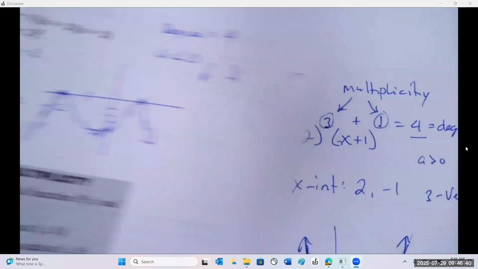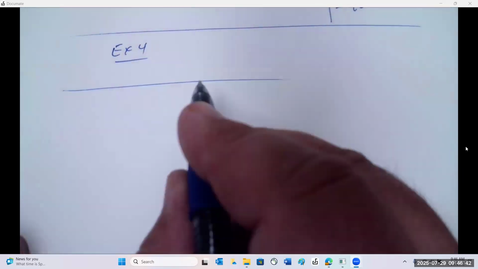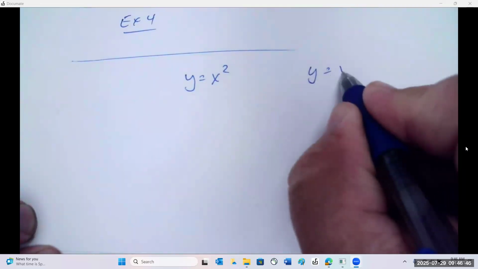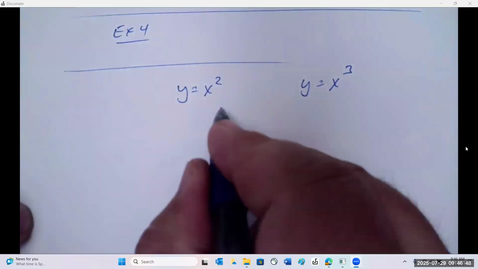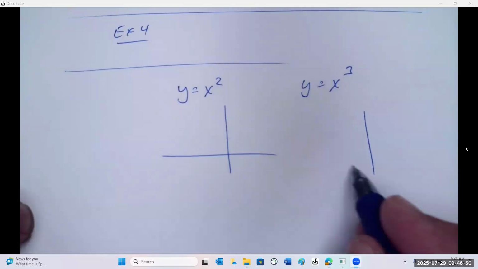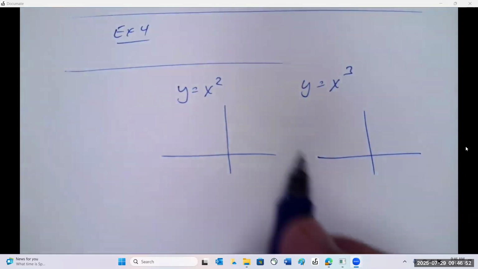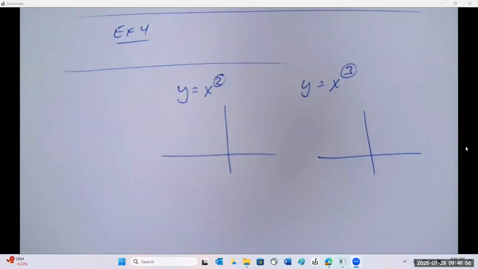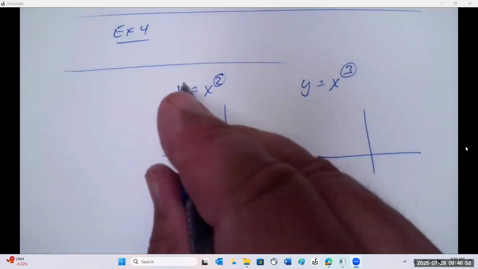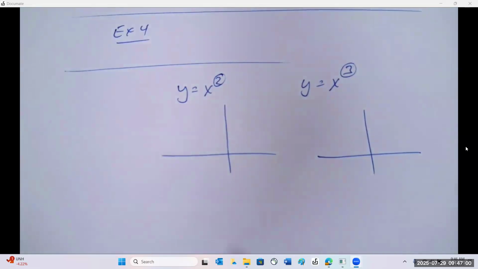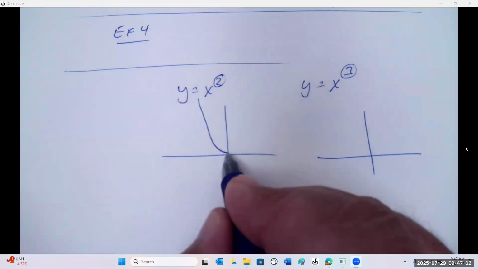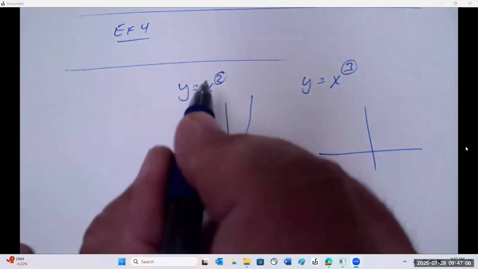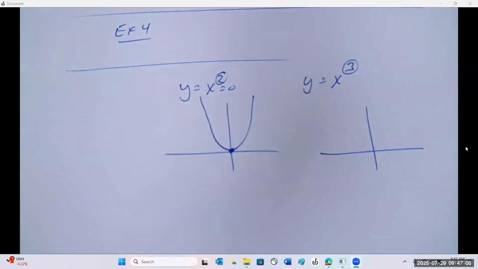We've seen this before. These are the multiplicities. What does this graph look like? It bounces off 0, which is my zero.